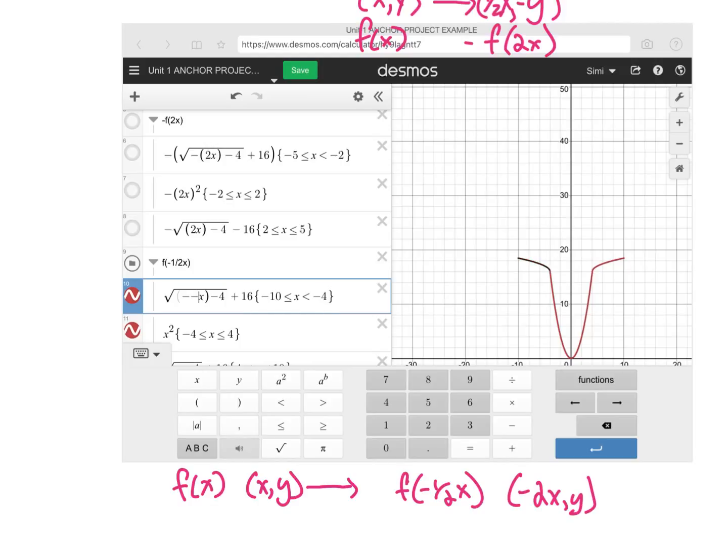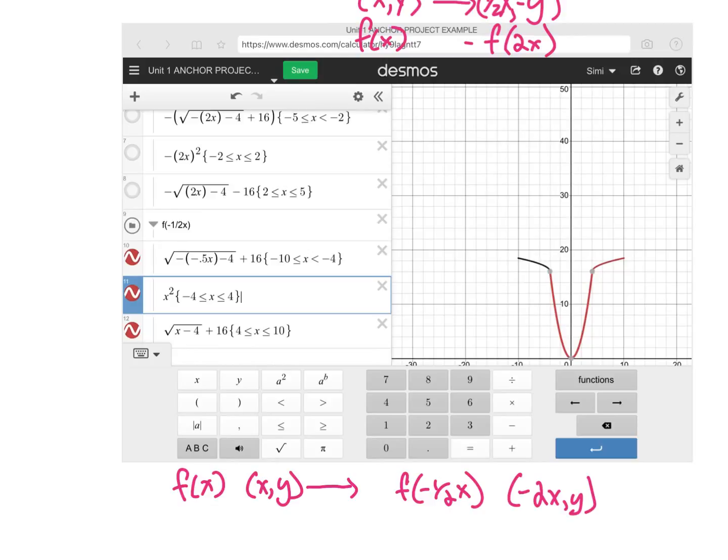And I have another negative. And then I'm going to close my parentheses. And then I also need to apply a 1/2 directly to the x. I'm just going to go 0.5 because it's easier for me to type. Okay, directly to the x.